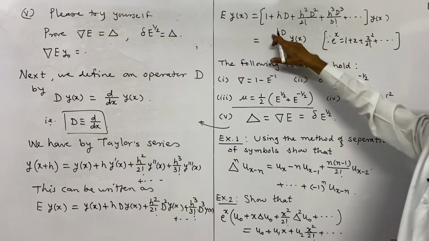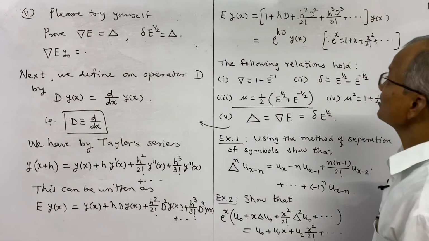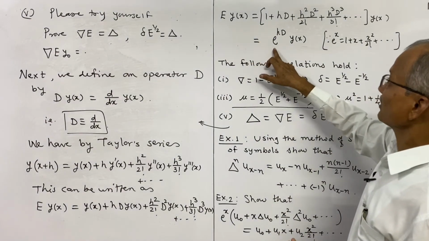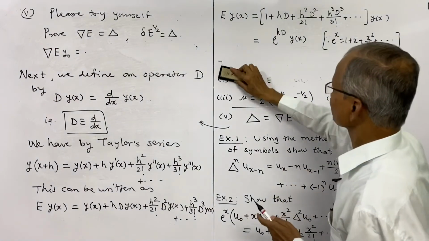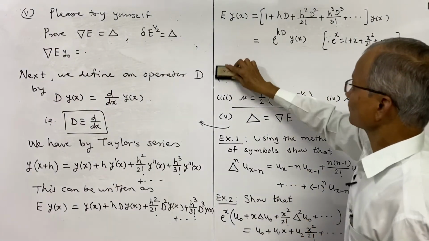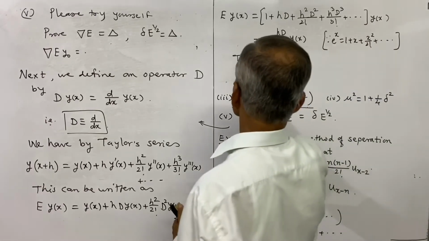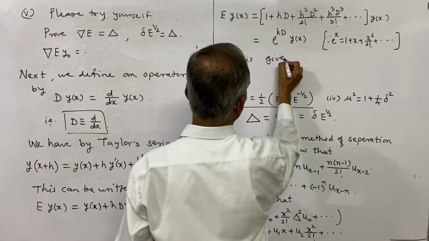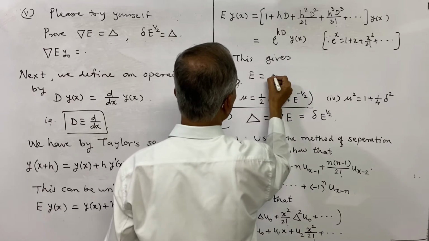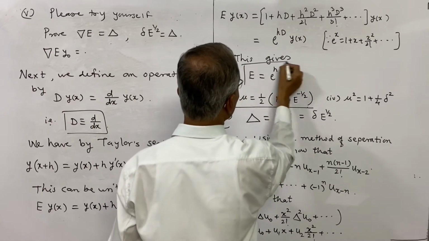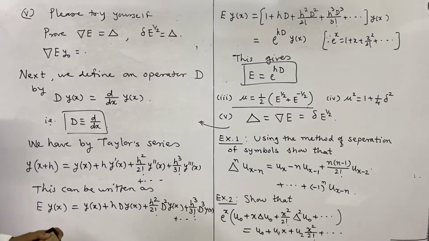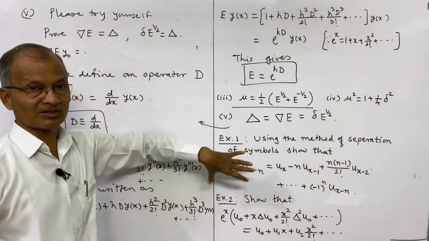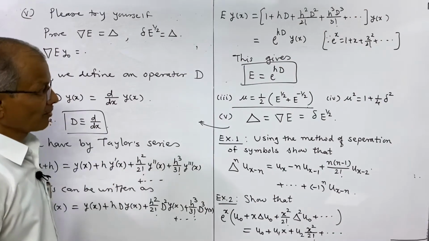So this is e power hD of y x, and thus this gives the relation capital E is equal to small e to the power hD, where D is the derivative operator and h is the difference in the values of x. So we have obtained a few relations between these operators, and these are easy to understand, but we have to remember this.